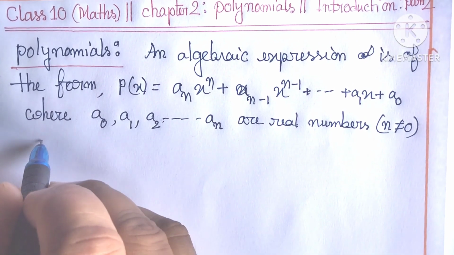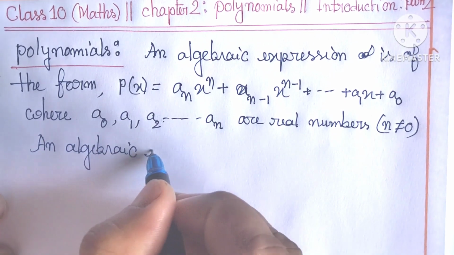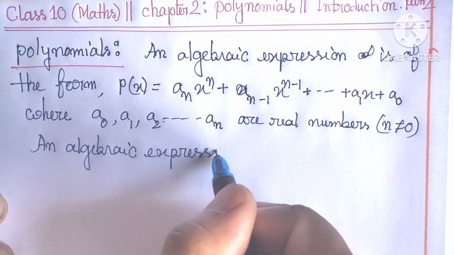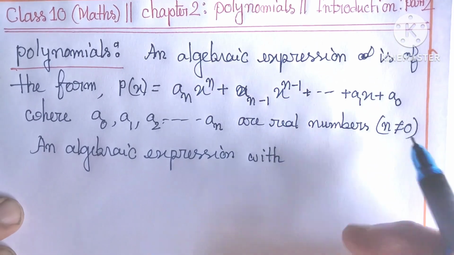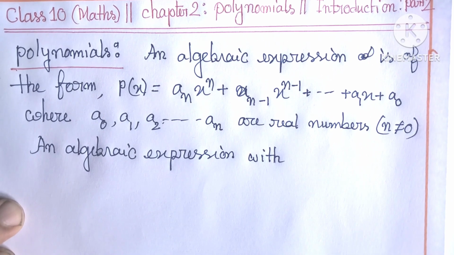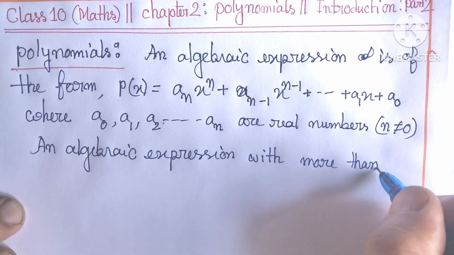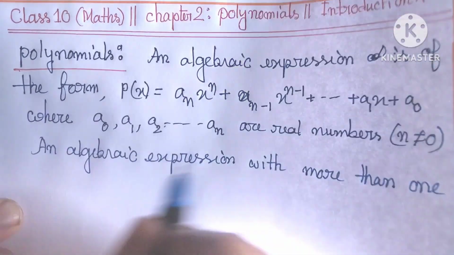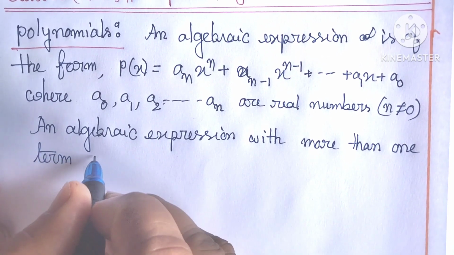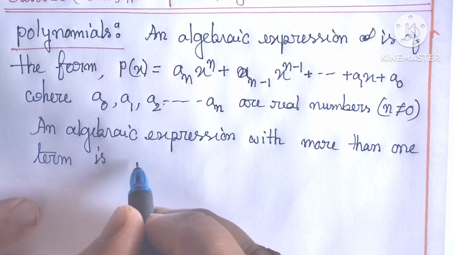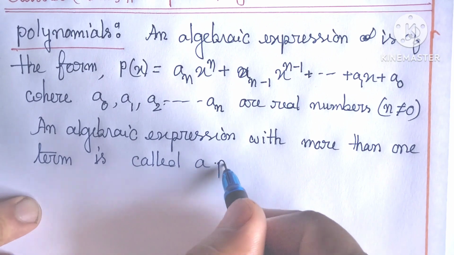An algebraic expression with more than one term is called a polynomial.